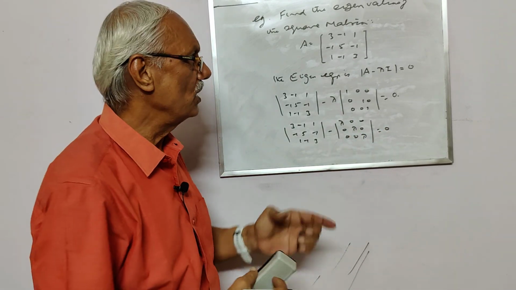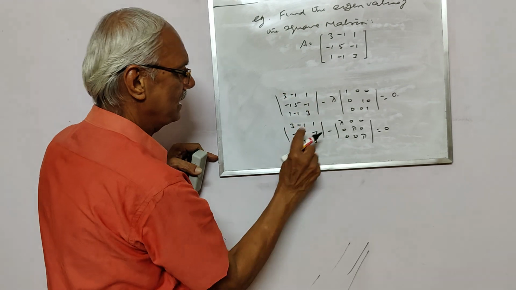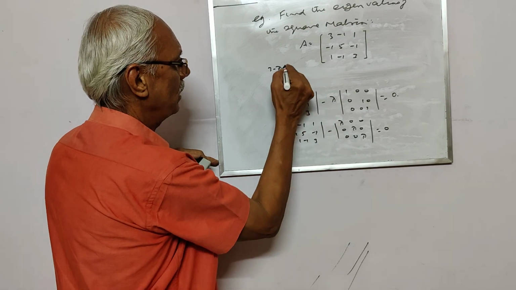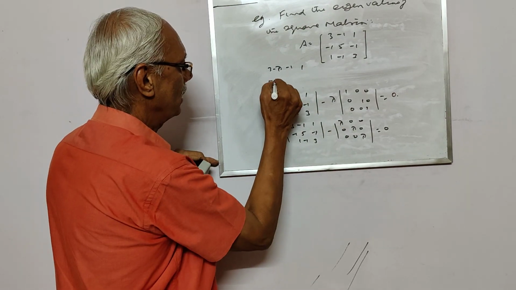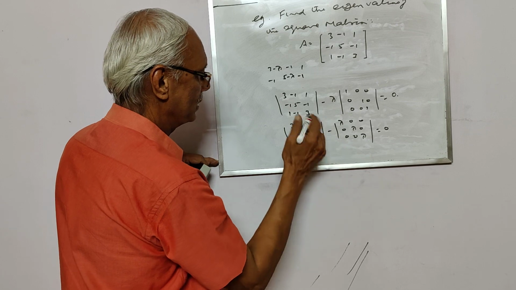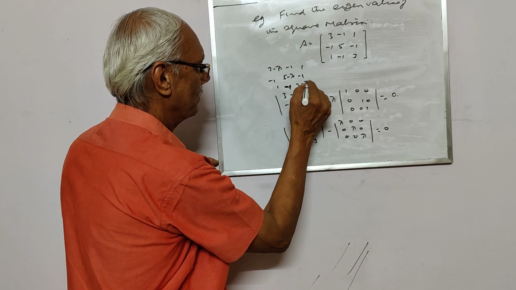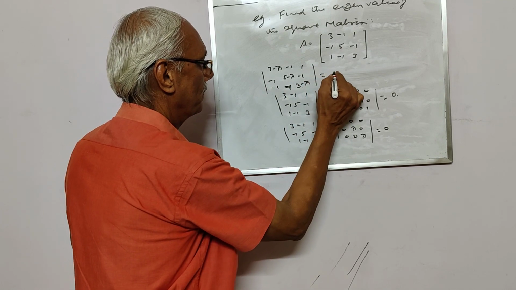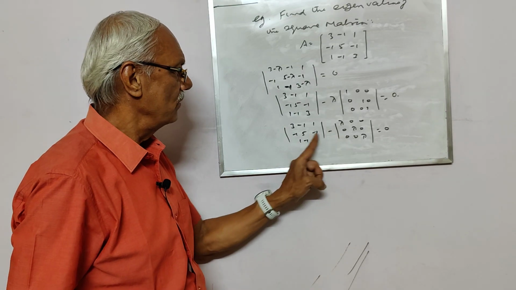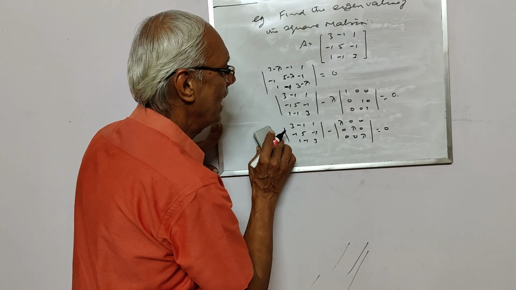Now this is nothing but 3 minus lambda, minus 1, 1; minus 1, 5 minus lambda, minus 1; 1, minus 1, 3 minus lambda. So this is the equation that we have, and it has to be solved.